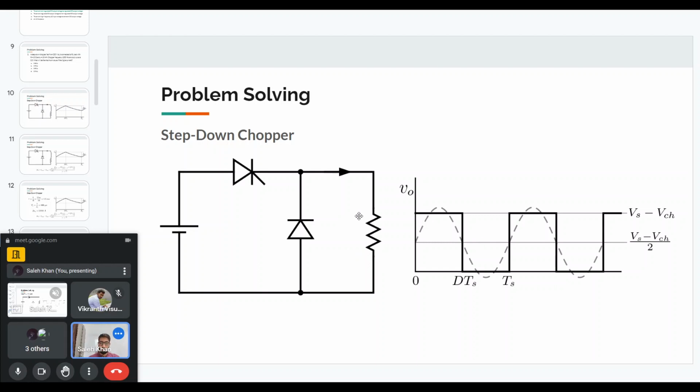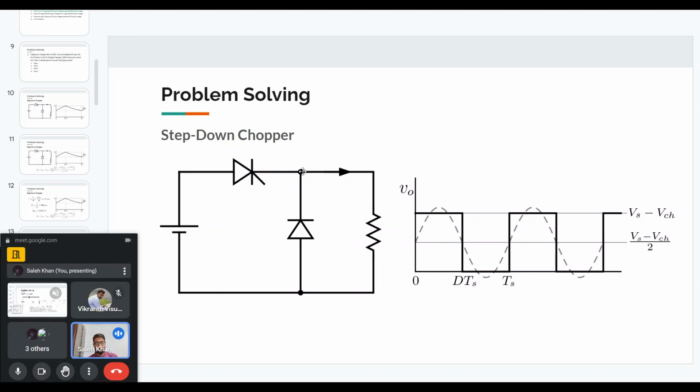The output voltage will look something like a square wave. When the switch is on, we will get the input voltage minus the drop across the chopper switch, VCH, at the output. So Vs minus VCH, up to the DTS time interval.